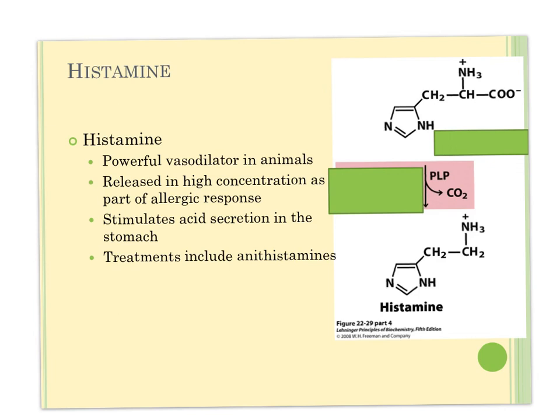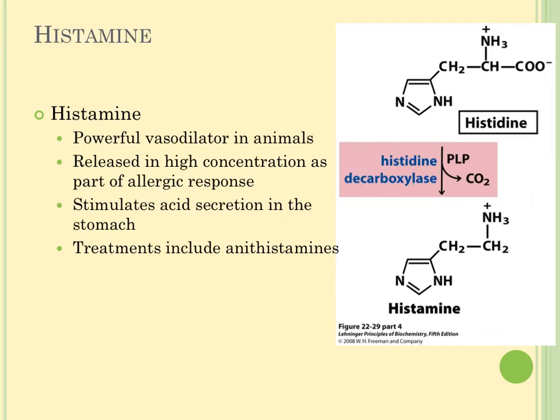So what class or classes of enzymes can this one be? It's a decarboxylase, and if you were going to name this one in particular, it would be histidine decarboxylase. That's the same step over and over and over. The only difference a lot of times between this amino acid and its neurotransmitter is that it's been decarboxylated, and then they may modify it from there, but that's the common theme.